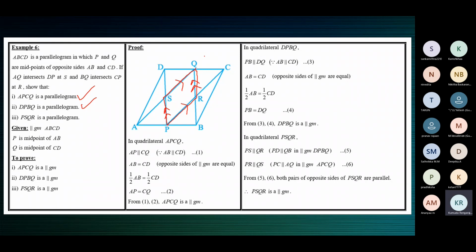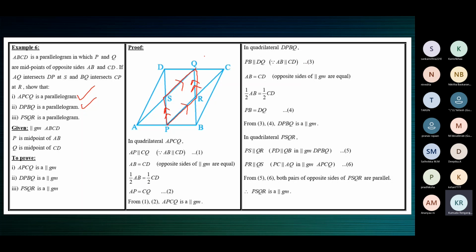Now is AQ parallel to CP? For that, you should ask: is APCQ a parallelogram? Yes, ma'am.